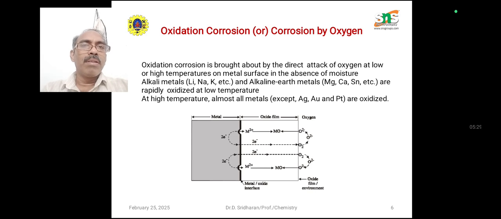The first one is oxidation corrosion, or corrosion by oxygen. It happens frequently in atmospheric air. Oxidation corrosion is brought about by the direct attack of oxygen at low or high temperatures on the metal surface in the absence of moisture or water. Alkali metals and alkaline earth metals, like sodium, lithium, potassium, magnesium, and calcium, are rapidly oxidized at low temperature.